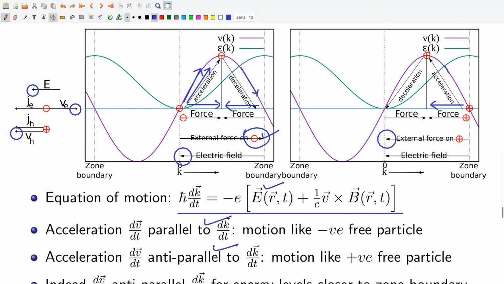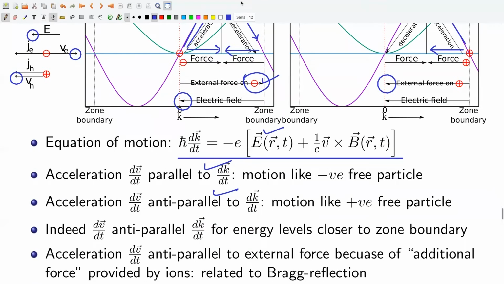And in this region, which is closer to the zone boundary, we can describe the motion in electric field as the motion of a positively charged particle or hole. However, keep in mind that positively charged holes are fictitious particles. We have introduced the idea for our convenience.